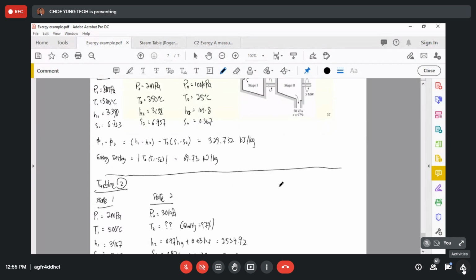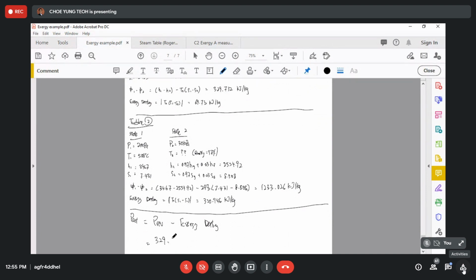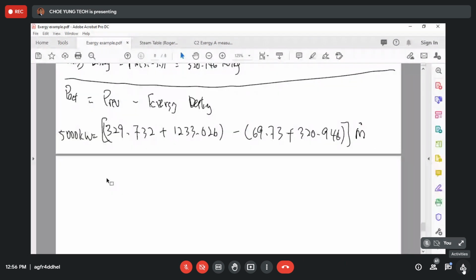So 329.732 plus 1233.026 minus 963. Then remember you want to find the mass flow rate, and P actual is 5,000 kilowatt. So from here you can get the mass flow rate.